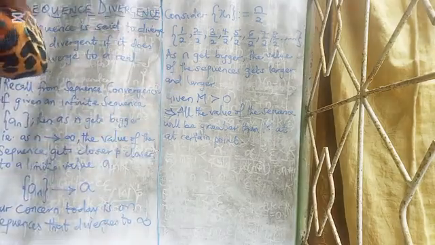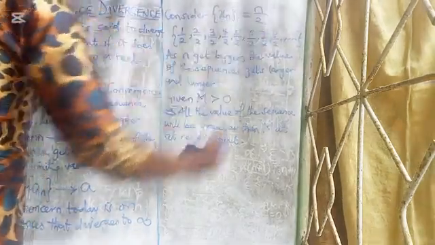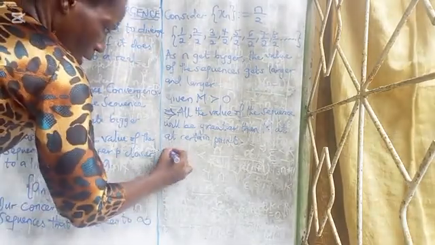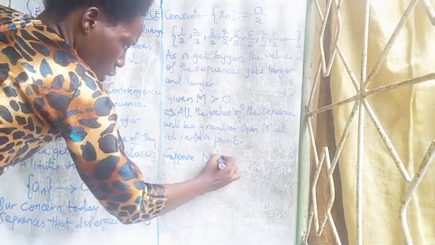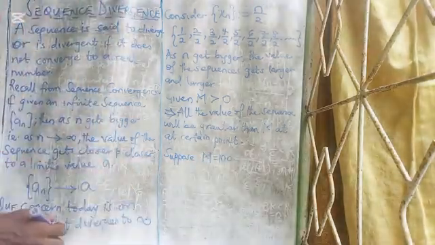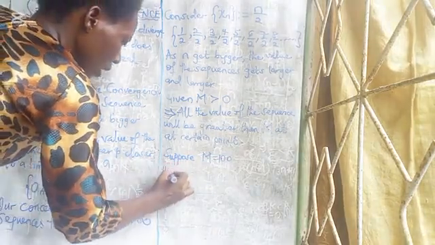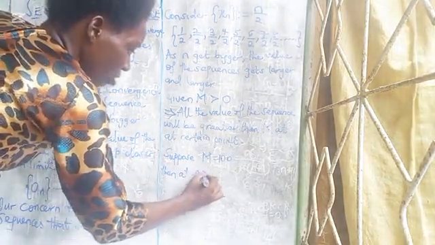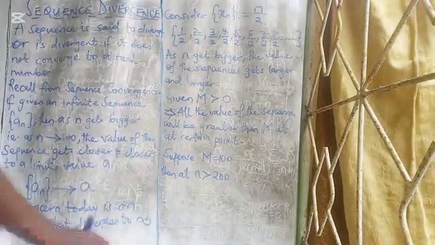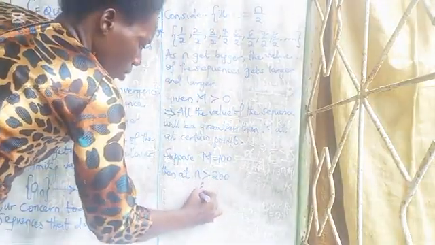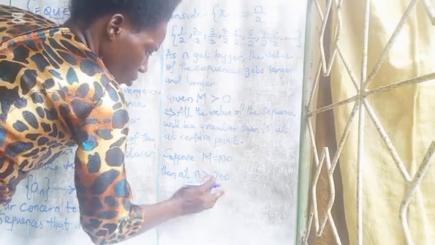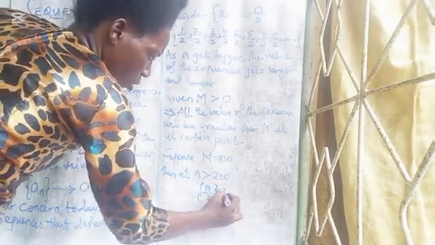Still considering our sequence x_n defined as n over 2, suppose m is equal to 100. Then at n greater than or equal to 200, the values of our sequence n over 2 will be greater than or equal to 100.